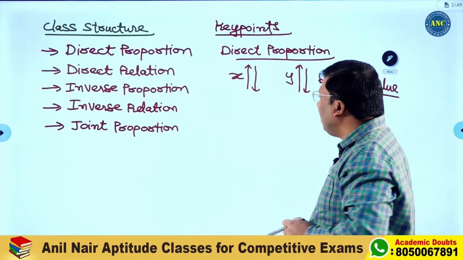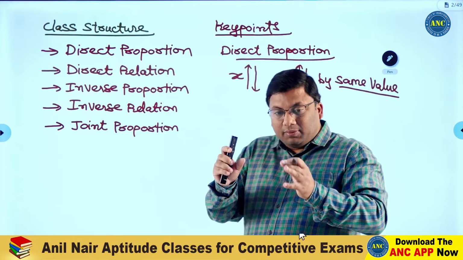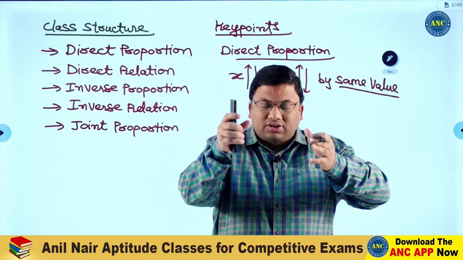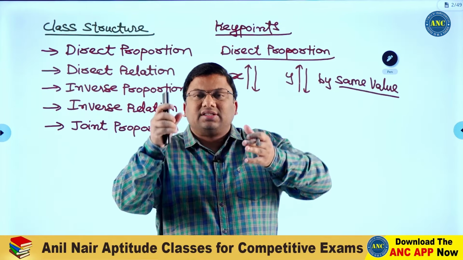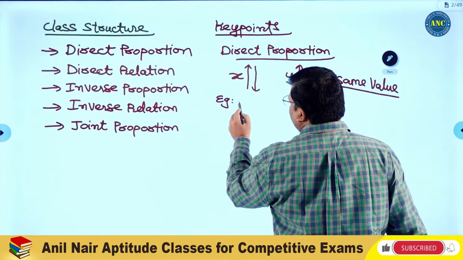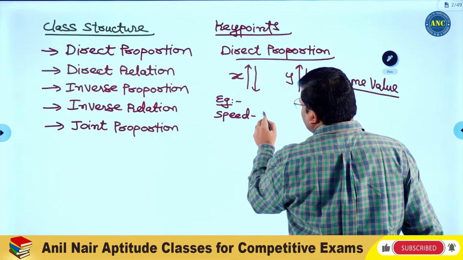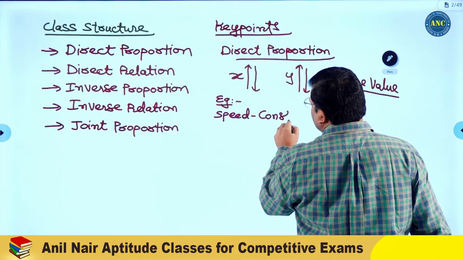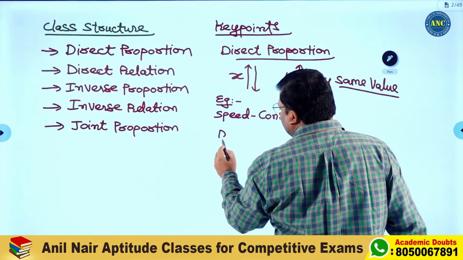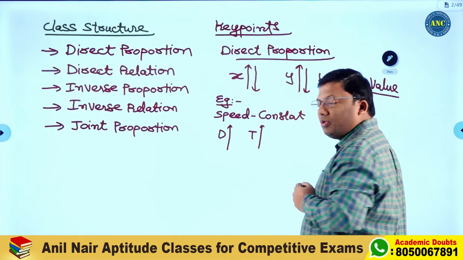Are you all with me? X and y both are in direct proportion. Direct means if this increases, this also increases. For example, if speed is constant, if the distance is more, time taken to reach the destination is more.